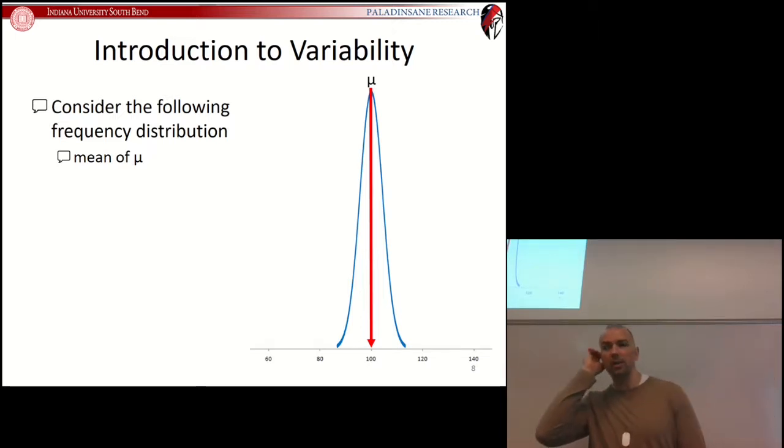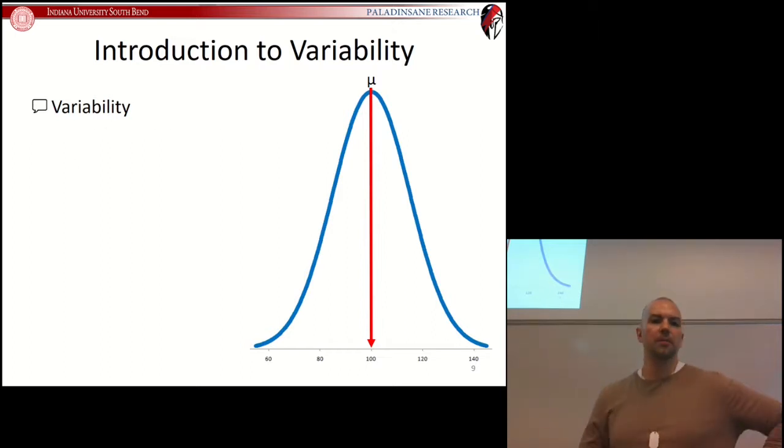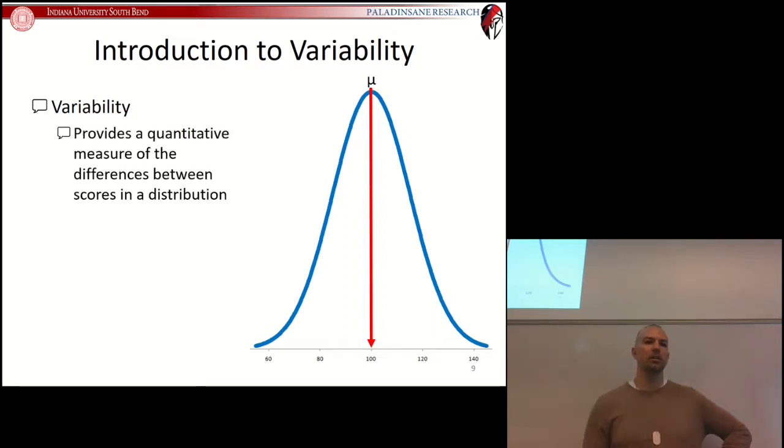So when we want to give one number that describes a distribution, oftentimes we give the mean, and then to that mean we add a measure of variability. So variability is what we're focusing on. It's a quantitative measure of the differences between scores in a distribution.